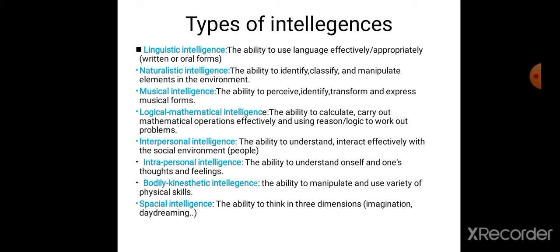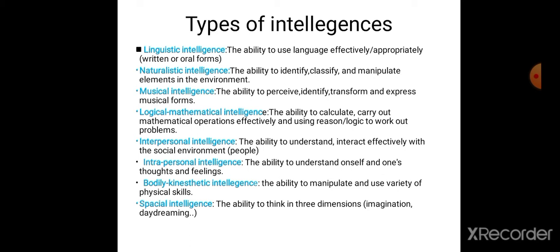So these are the types of intelligences according to Gardner. The first one is the linguistic intelligence. The learners who are specified with this intelligence are able to use the language effectively and appropriately, either written or oral.